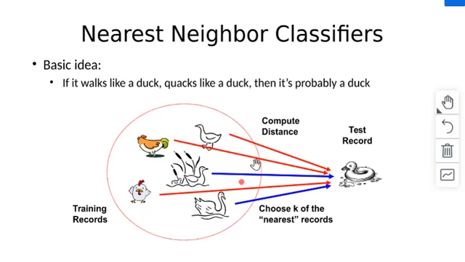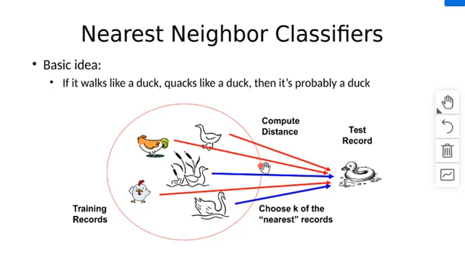So here, first we take the training records, then we compute the distance. Distance here always means closeness, how similar the characteristics or features are.